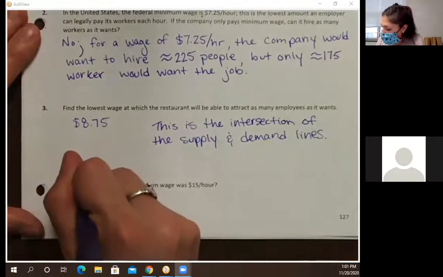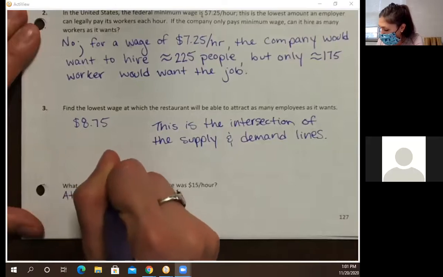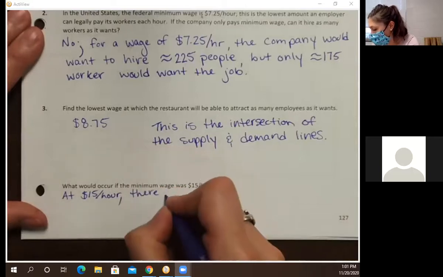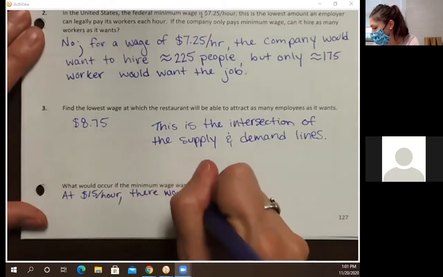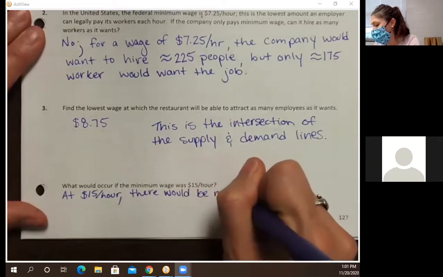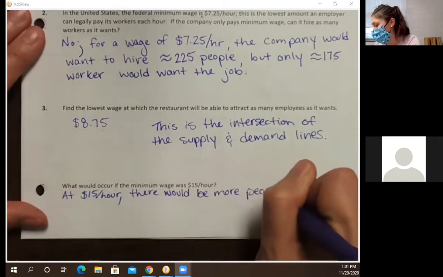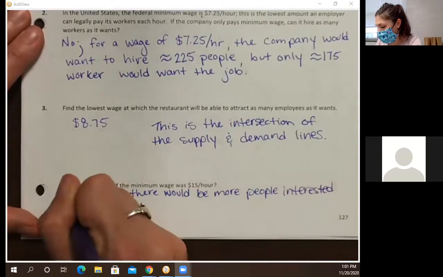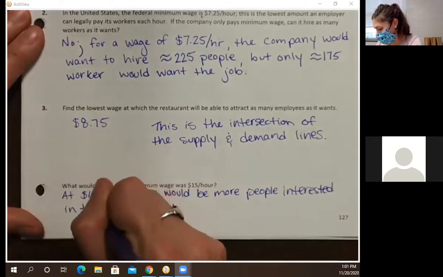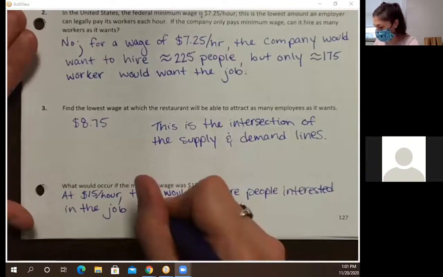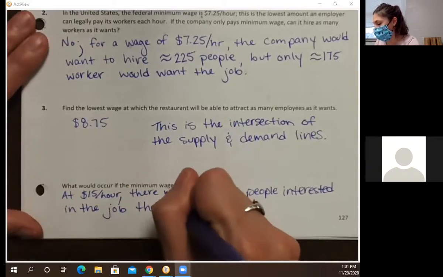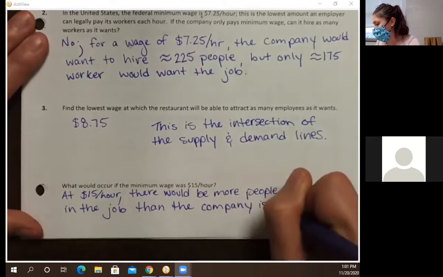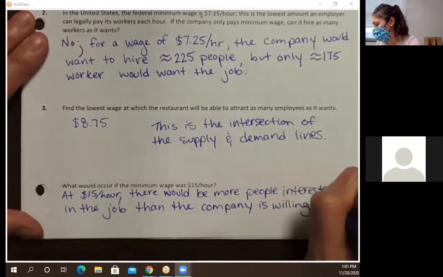So at $15 per hour, there would be more people interested in the job than the company is willing to hire.